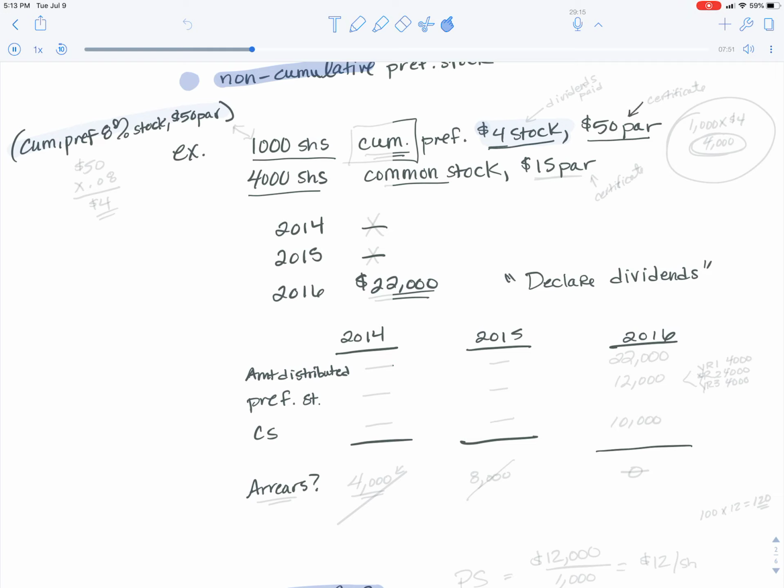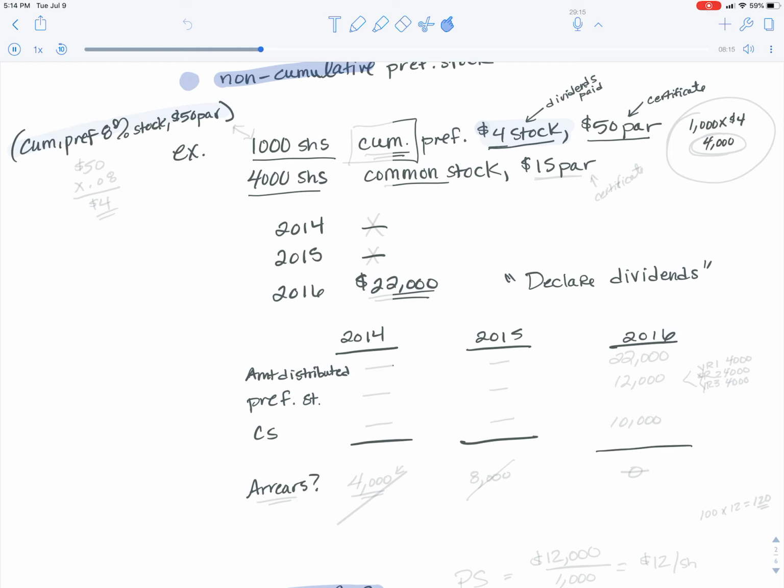So the par is what's printed on the certificate, and the $4 is the dividends paid. So this will be $4 per share owned. So that would be $4,000 because we own 1,000 shares and they pay $4 of dividends.